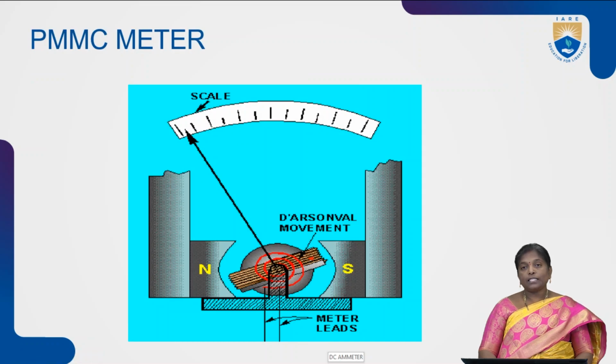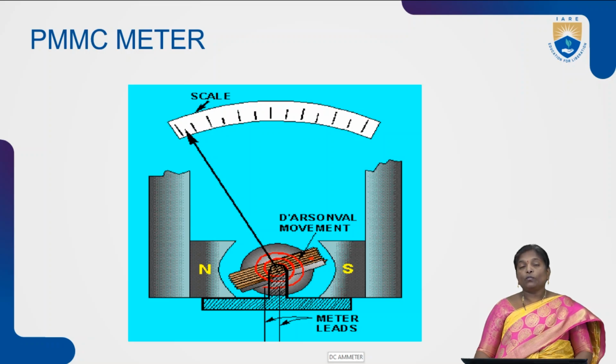Based upon the resistance we have connected across the PMMC meter, if it is connected in parallel with the meter movement, the circuit acts as an ammeter. Similarly, if it is connected in series, the same circuit acts as a voltmeter. If you want to measure a single voltage or single current, a single resistance is enough.